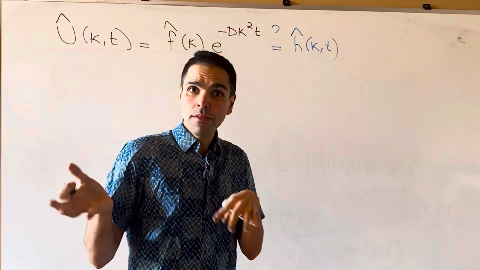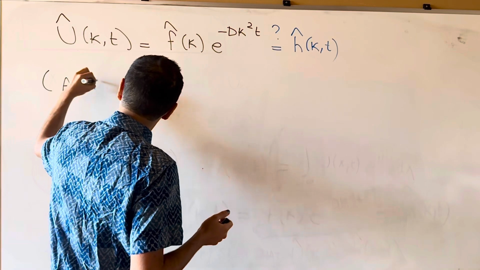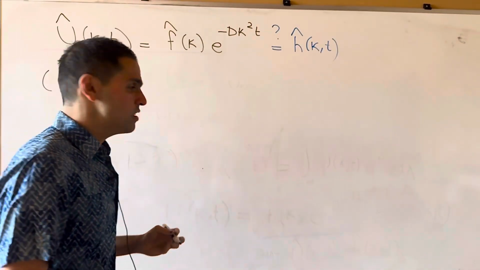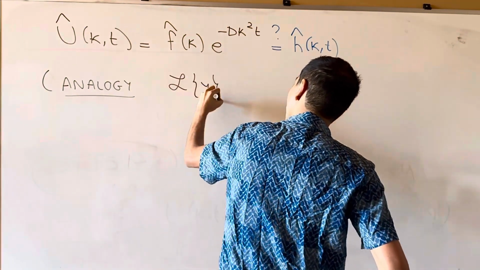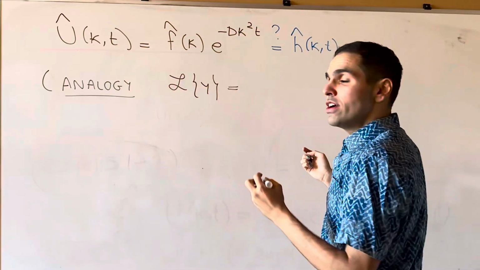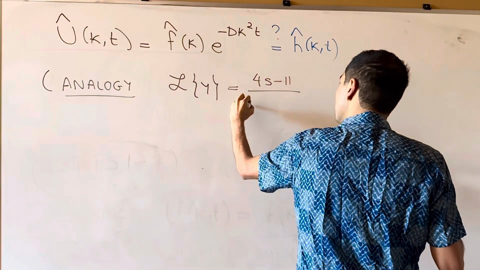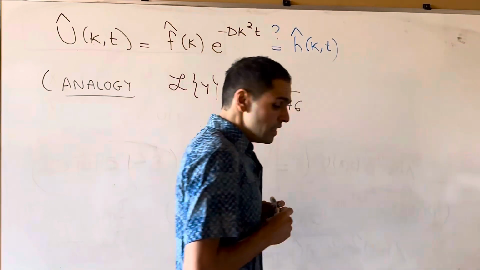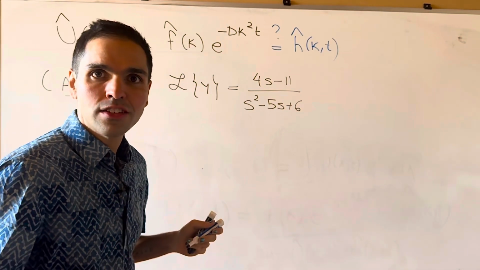We have done something similar with the Laplace transform. Because what was the point of the Laplace transform? It is first of all to solve for L of y, and let's say for instance the right-hand side was (4s minus 11) over (s squared minus 5s plus 6). And the idea was to write the right-hand side as a Laplace transform.